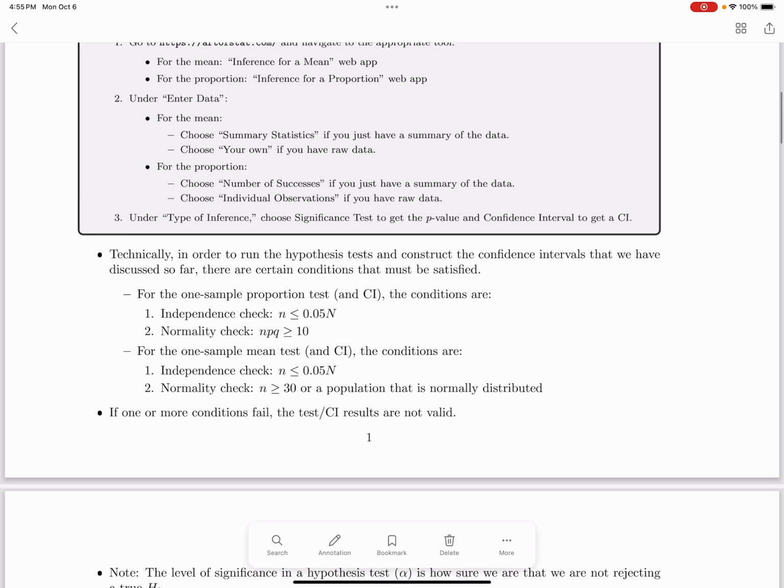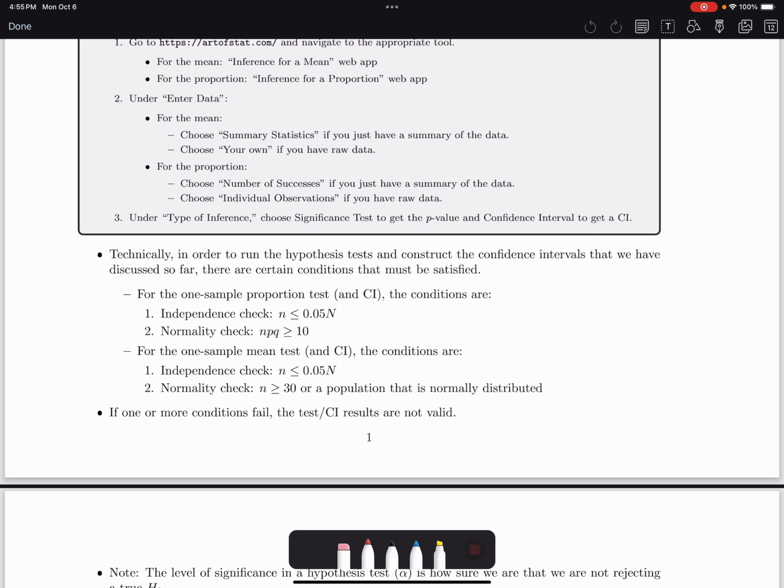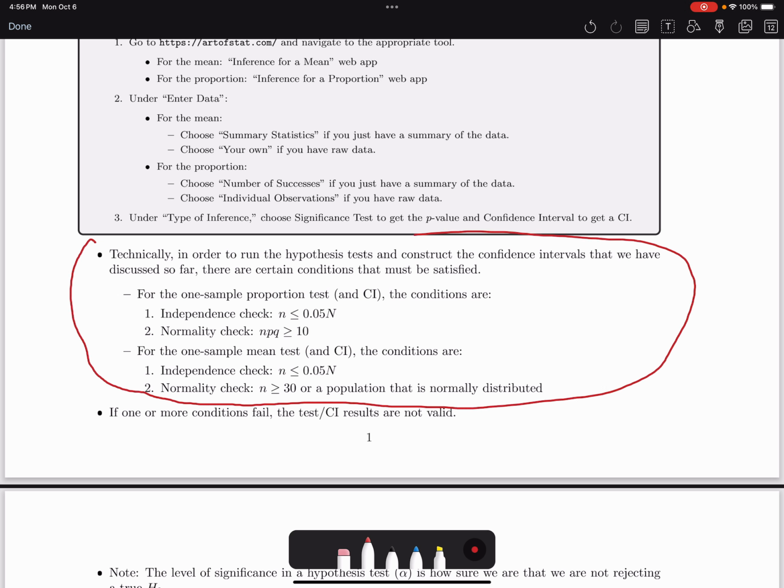One thing that I haven't spent a lot of time on, but that deserves some comment, is that technically there are conditions you have to check in order to get these p-values and construct these confidence intervals. When we are calculating a p-value for a test on a proportion, it's assumed that p hat is normally distributed.